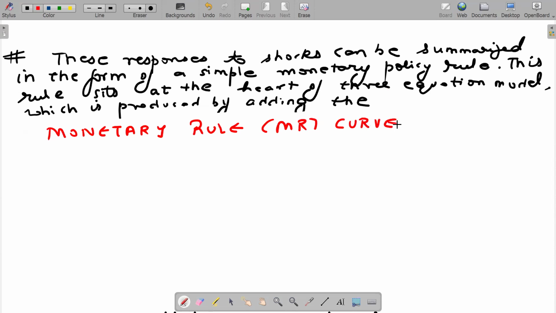In our lectures, when I use MR, it will denote monetary rule, not marginal revenue.